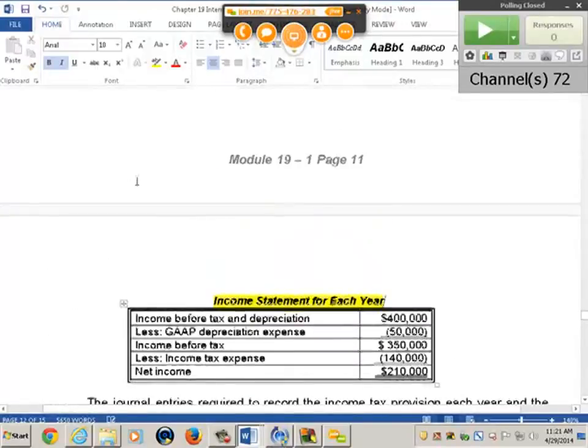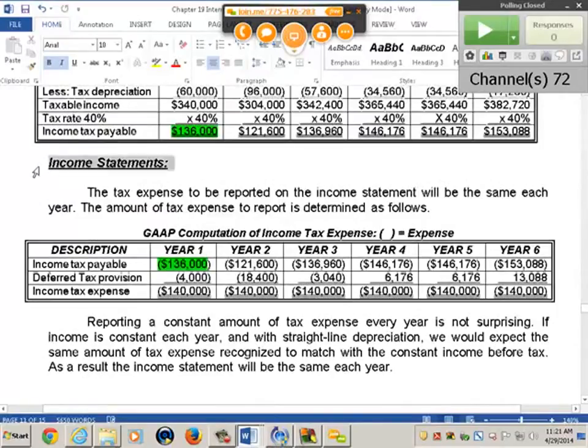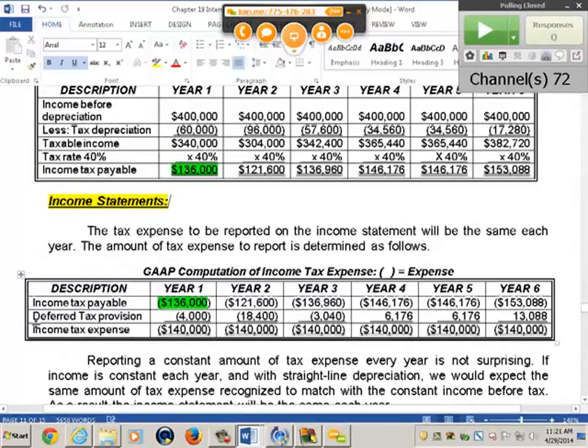Because if you go back now to the income statements, how do we calculate tax expense? Tax expense is the sum of the current plus the deferred provision. So what's happening is that every year the accountant will take the current provision, which is the tax payable, the 136. To that they're going to add the deferred tax provision.